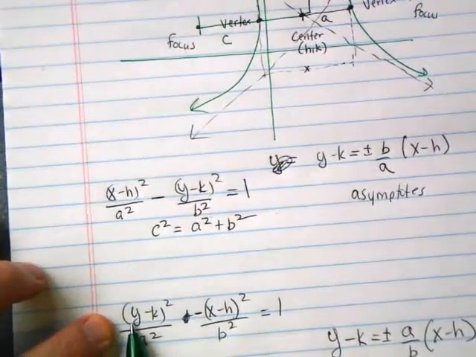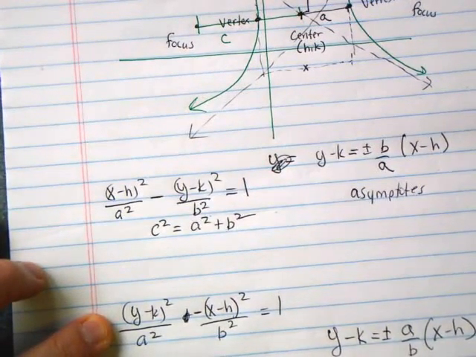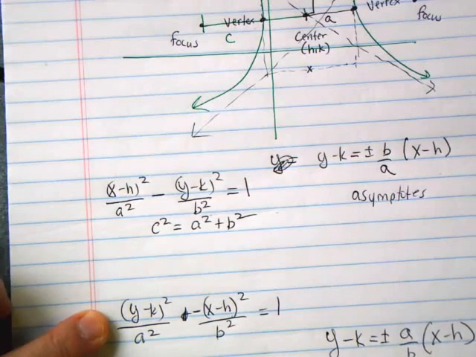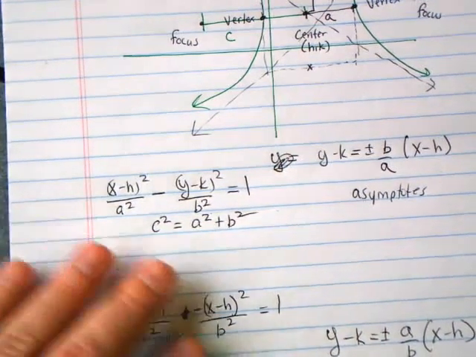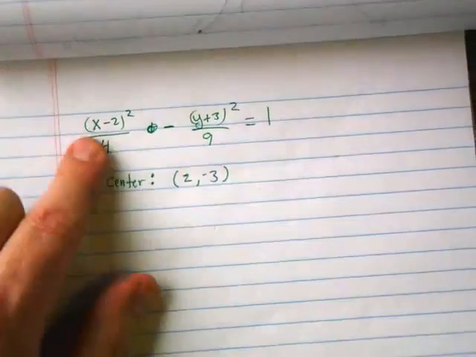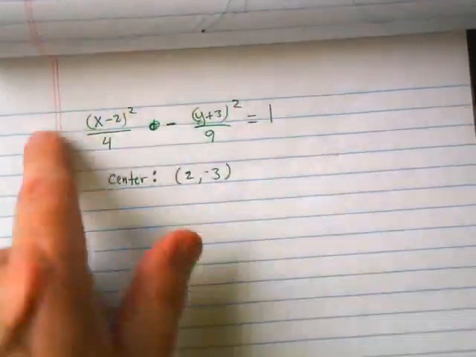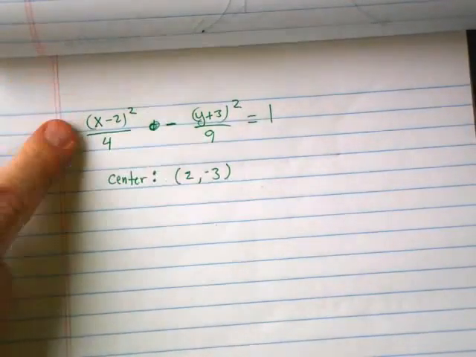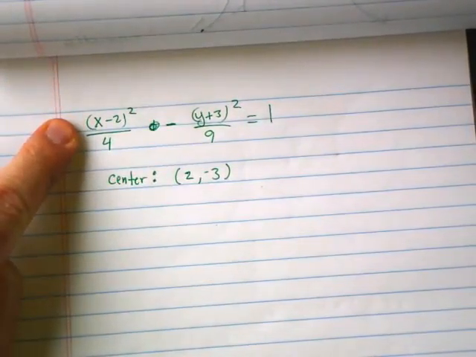If y is the positive one, it opens up and down. So I made those numbers that way on purpose just to show you that the numbers here for hyperbolas don't matter as far as direction goes. The only thing that matters is which one is positive and which one is negative. So I put the bigger number under the y to throw you off right from the beginning because I knew it would work. That's mean, isn't it? It's mean. All right, so for hyperbolas, we look to see which one is positive, which one is negative. The x is positive. That tells me it opens left and right.